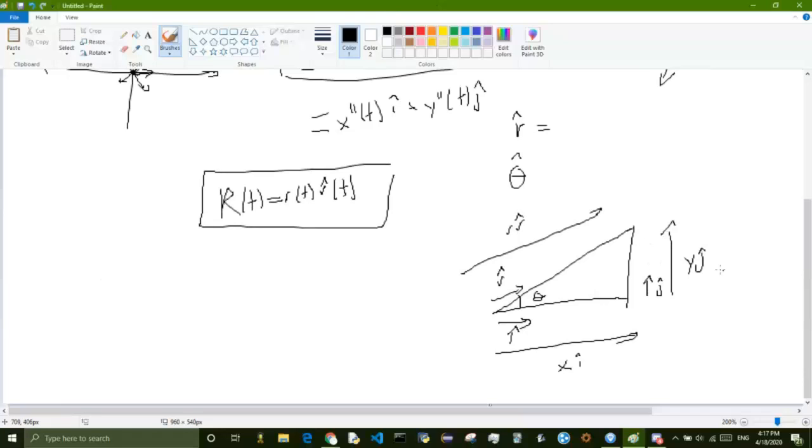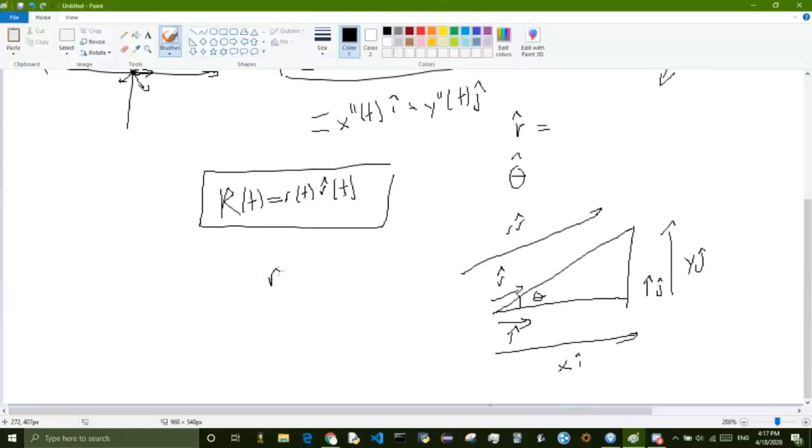All right. Well, we don't actually care about these unit vectors. We only care about the magnitude. For example, x times i hat would be the same thing as something in terms of theta and r that equals x, right? So we simply have to take the magnitude of this entire triangle.